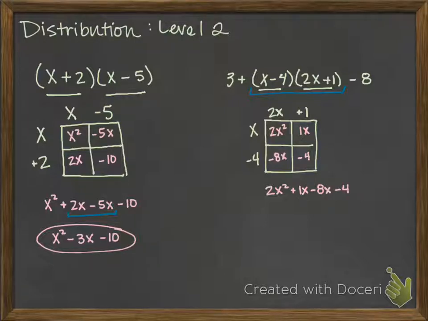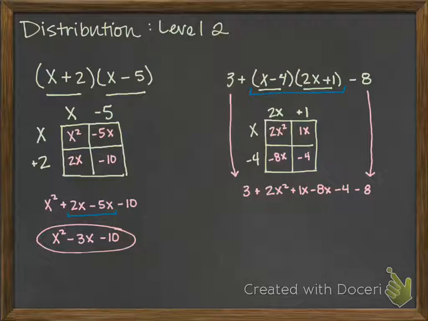But we can't forget those terms that were on the outside of our equation. So we had a 3 plus at the very beginning, and a minus 8 at the very end. So now that we have rewritten our expression in completely separate terms, we've multiplied everything out that we can multiply, we are now focused on adding and subtracting the like terms.